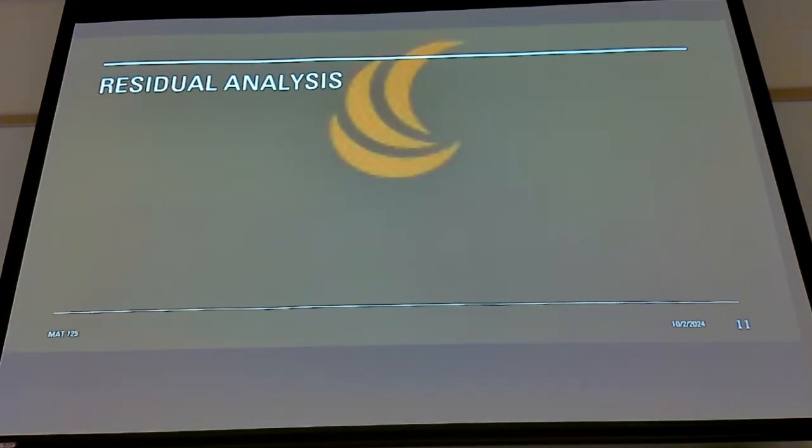Residual analysis. Again, this is true whenever you model. Whenever you model, there's always error. Go on a scale and read its weight. Is that your actual weight?